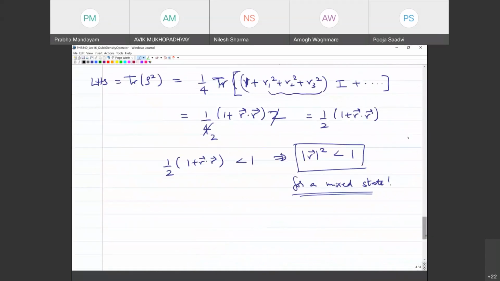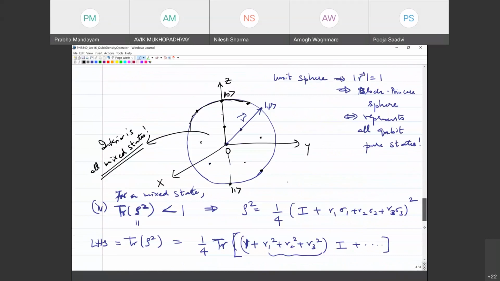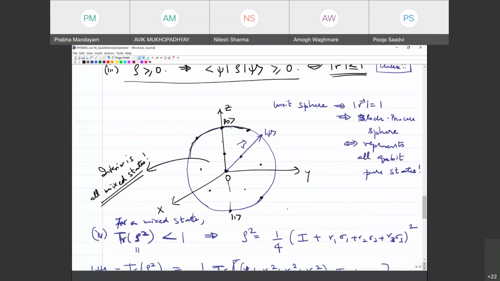So what this means is that the axes that I labeled X, Y, and Z now get much more meaning.